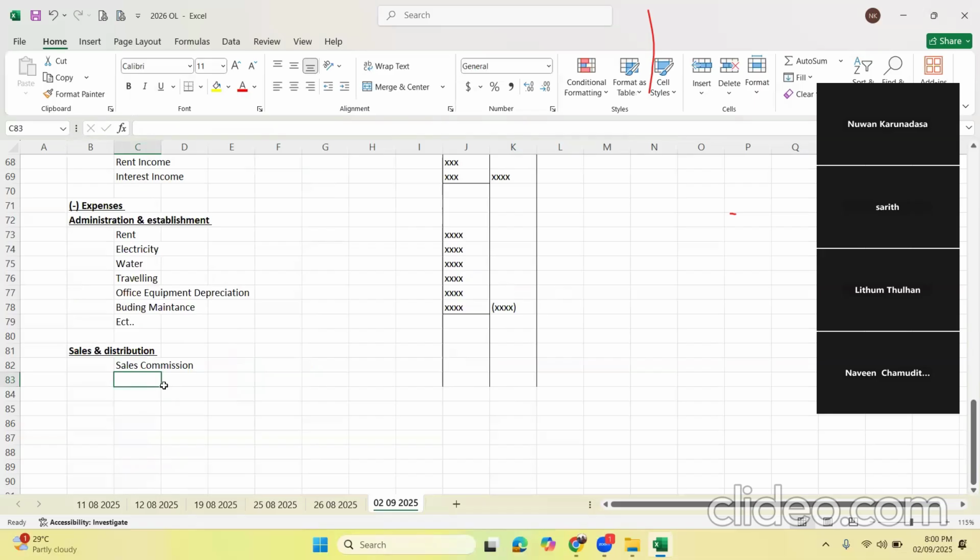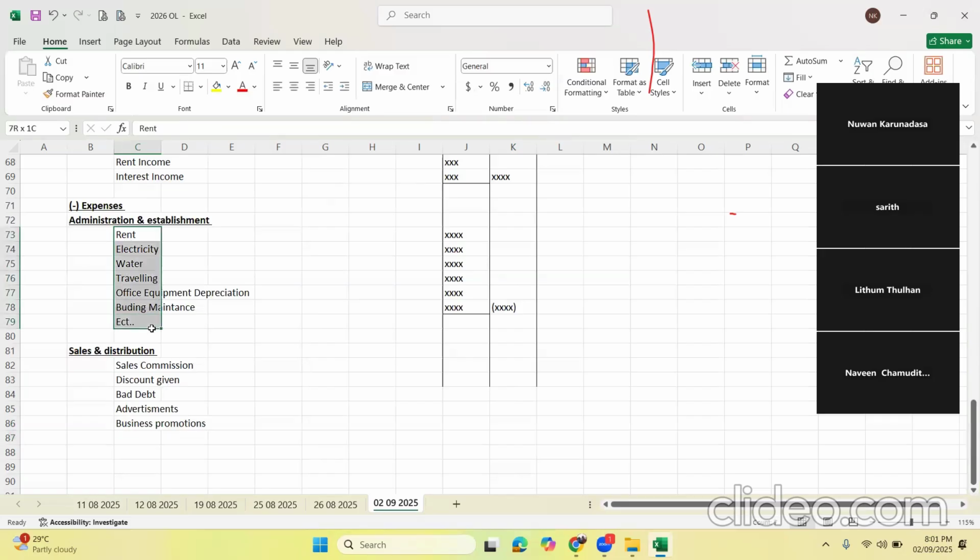Here, sales and distribution expense: sales commission, discounts given, then bad debt, then advertisement, then business promotion, right? You can easily understand.